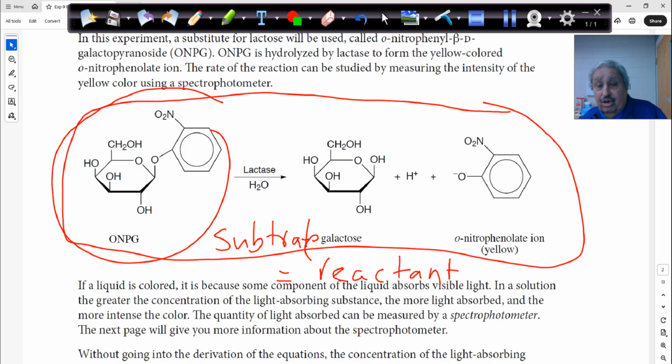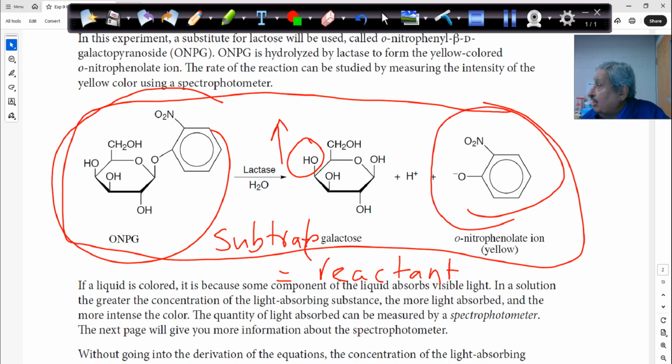Correct? So this reactant will be decomposed by lactase enzyme into 2 components. One is the colorless solution galactose. Galactose has an OH up, glucose down. And this here is very important for us because it has a yellow color with its intensity, which is directly proportional to its concentration and directly proportional to absorption of light.